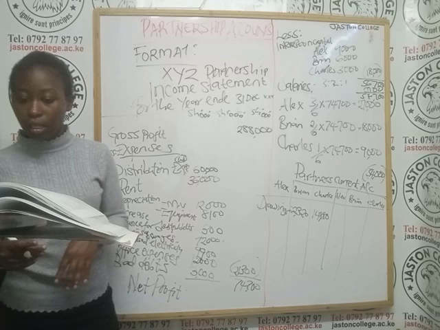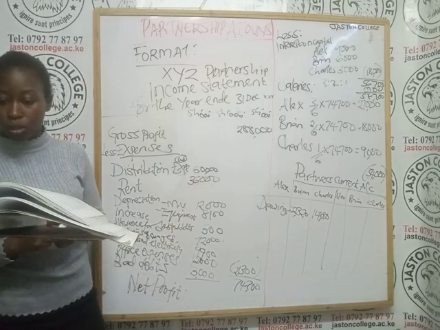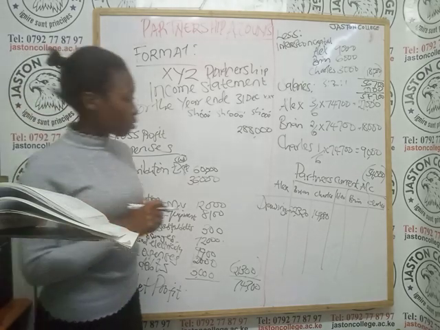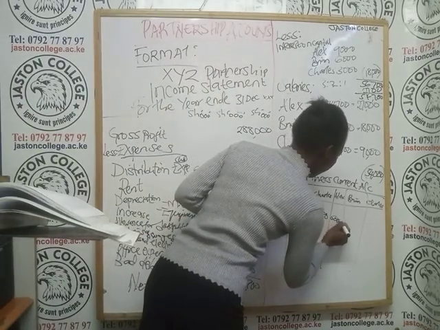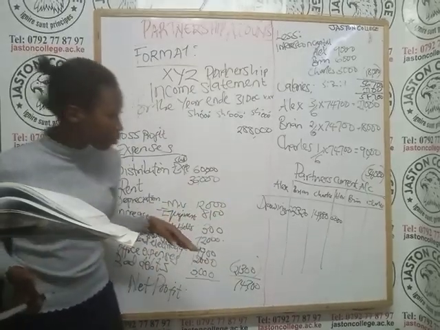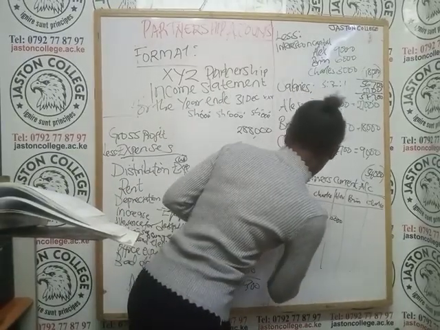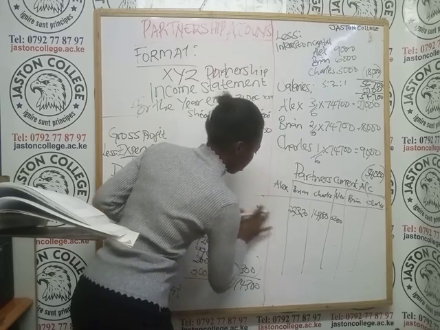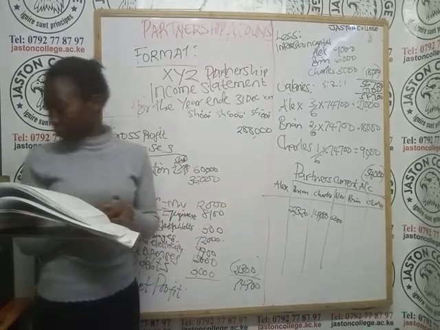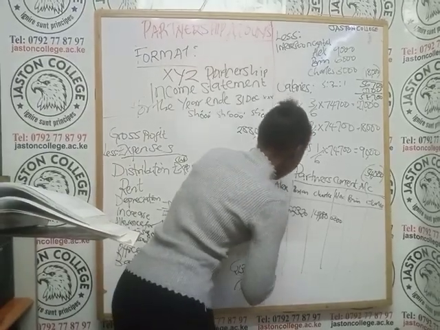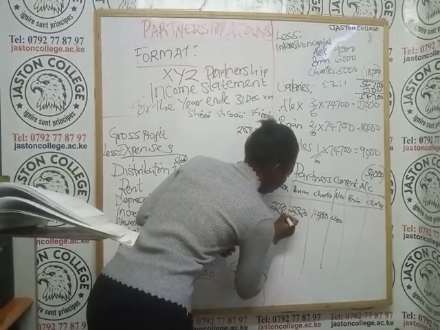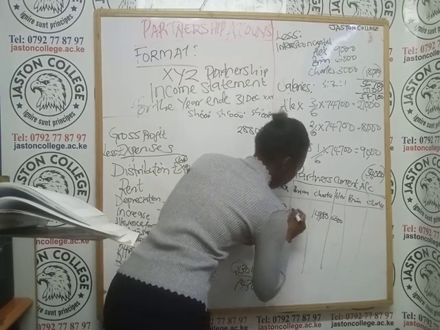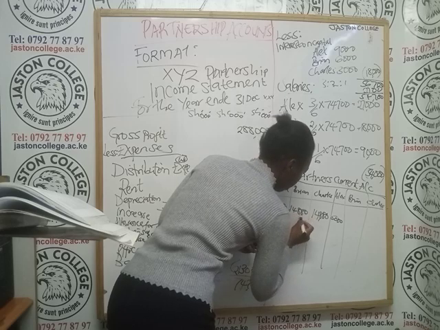Then whatever Charles took was 6,000. Just ran into some errors. 22,320 should be here, 14,880.